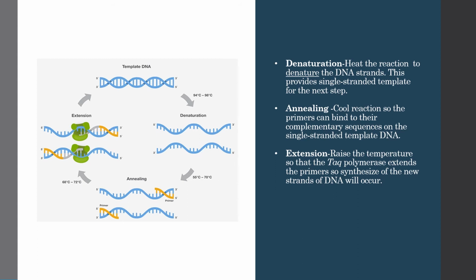So then we're going to cool back down a little bit in the annealing phase, and that is going to allow the primers to bind to their complementary strands. And then extension, we're going to heat it up just a little bit, and that is so that the Taq polymerase extends the primers and can now synthesize the new DNA strand. And then the cycle just continues.